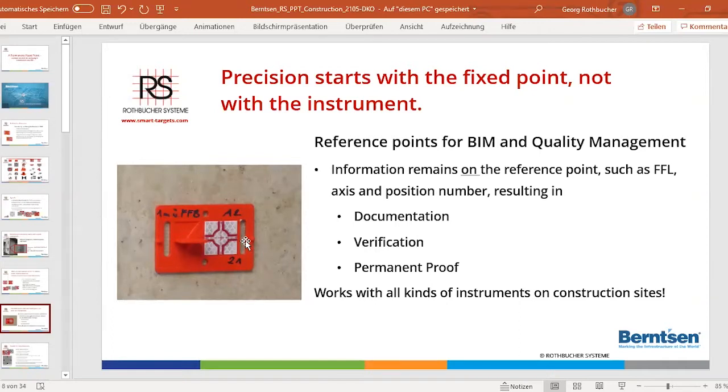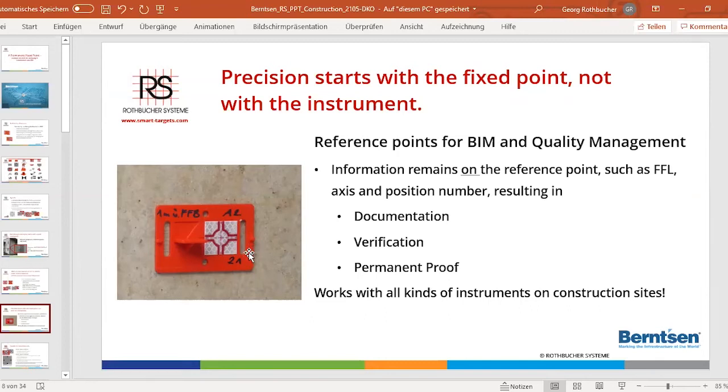You can use, of course, a laser because this is very well visible on the target. You can use a theodolite or you can use a total station. Important is that everyone uses the same height, the same axis, the same XYZ coordinates.